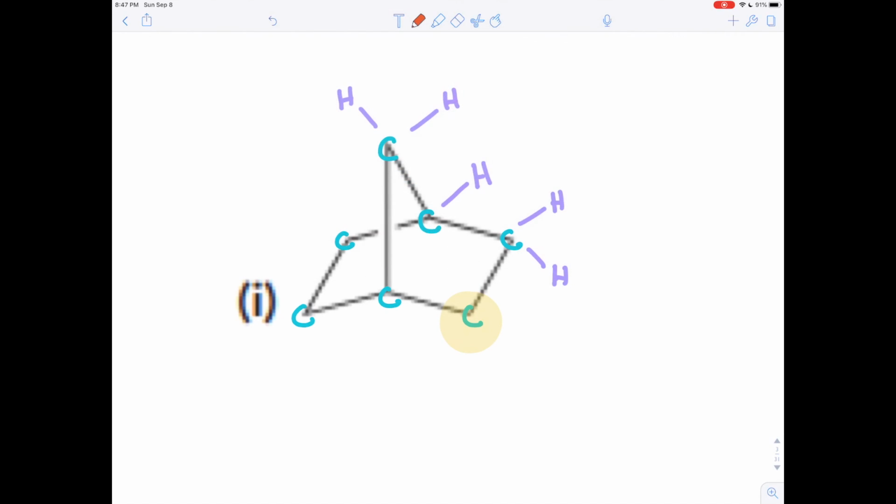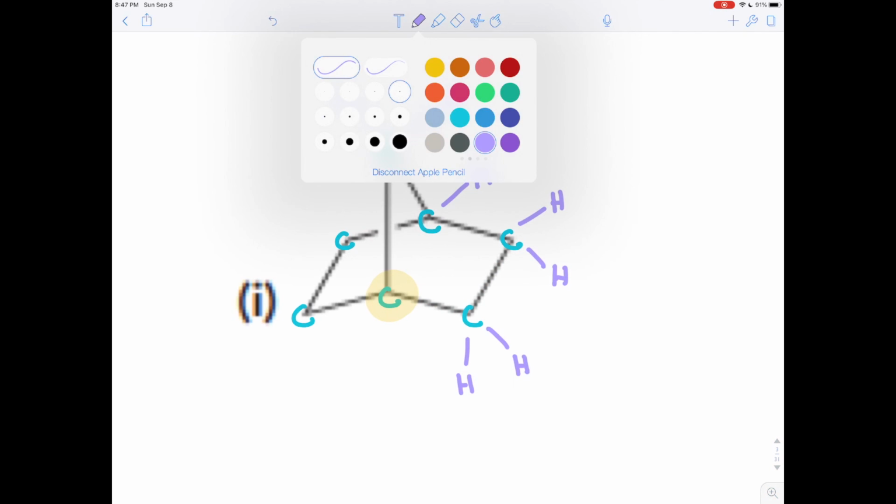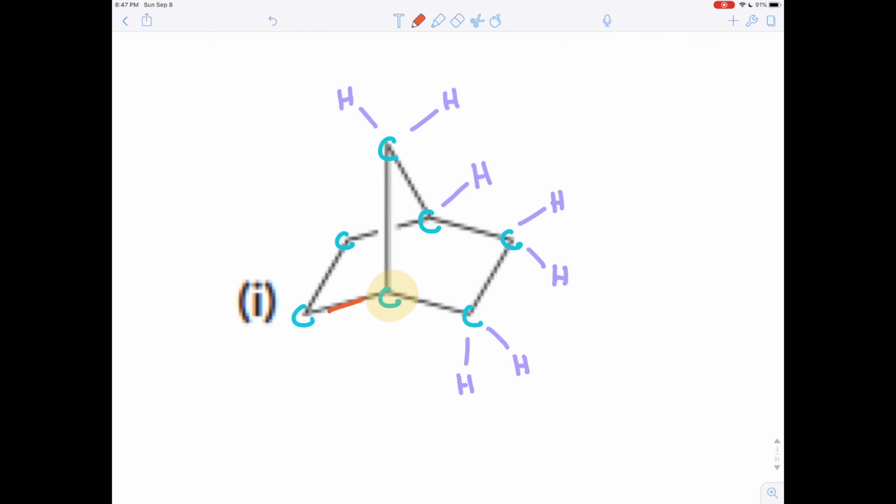This next carbon here has 1, 2 bonds drawn explicitly. That means it must have 2 implicit bonds to hydrogens to have a total of 4 bonds. This carbon in the front there has 1, 2, 3 bonds drawn explicitly. But we know it has a total of 4 bonds, and so there must be 1 implicit bond to a hydrogen there.